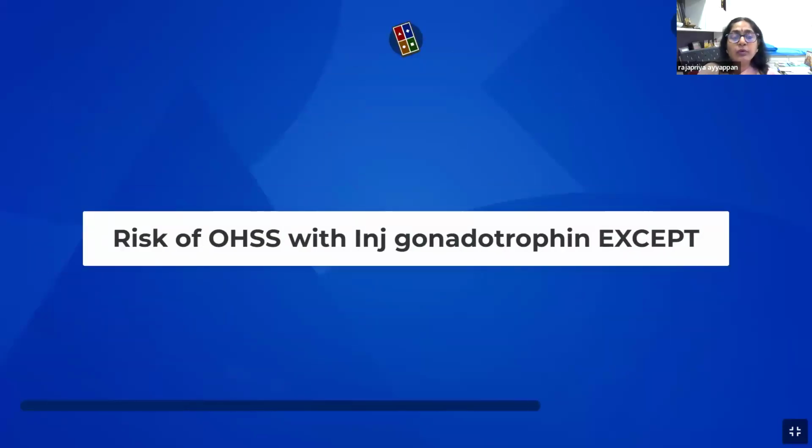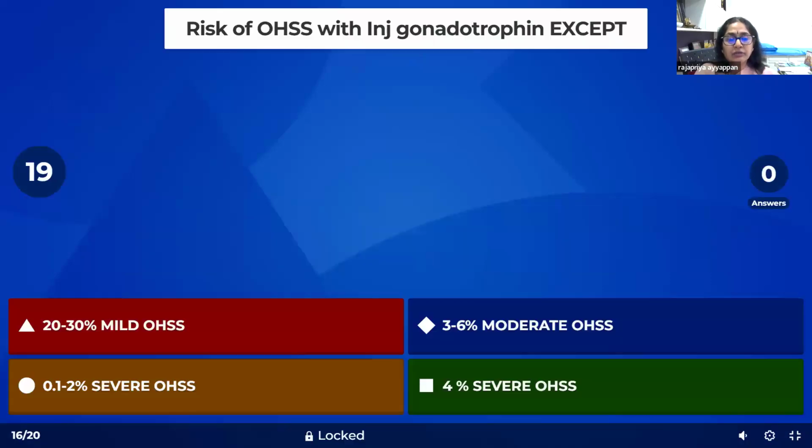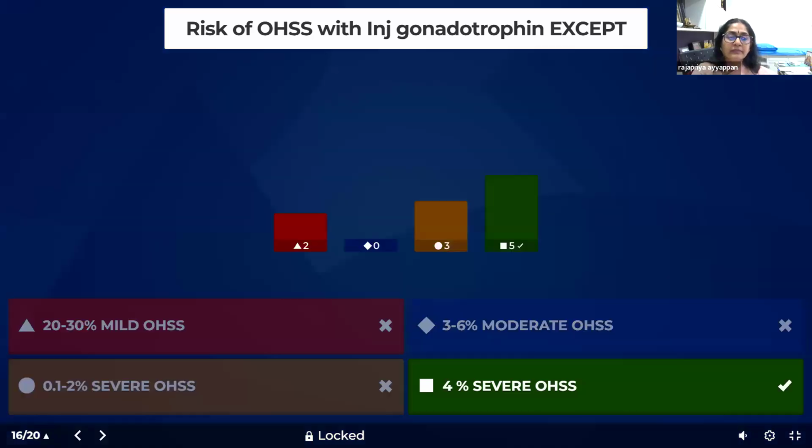The risk of OHSS with injection gonadotrophin is all except: 20 to 30% mild OHSS, 0.1 to 2% severe OHSS, 3 to 6% moderate OHSS, 4% of severe OHSS. Right, 4% severe OHSS is the answer.